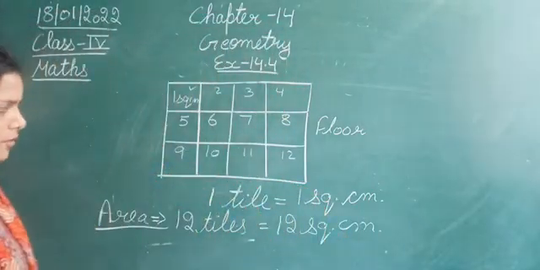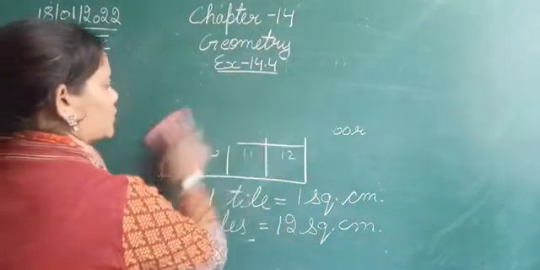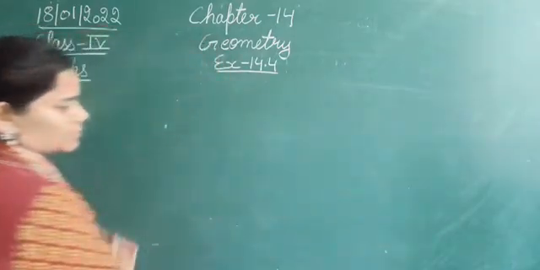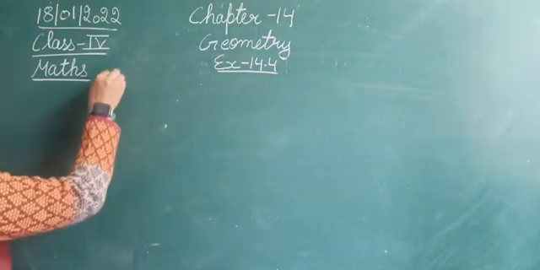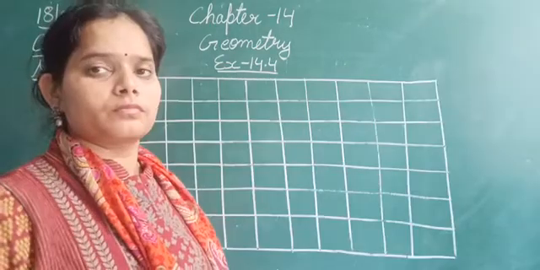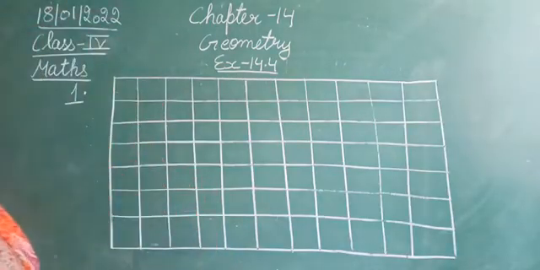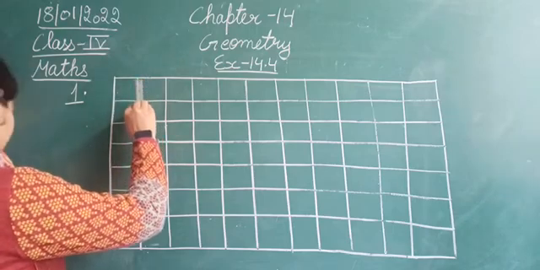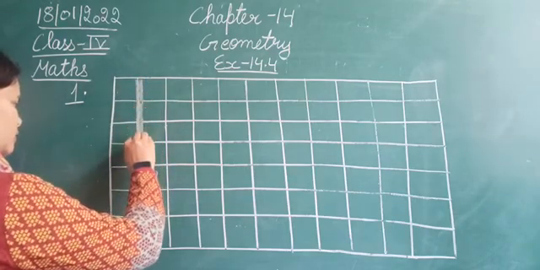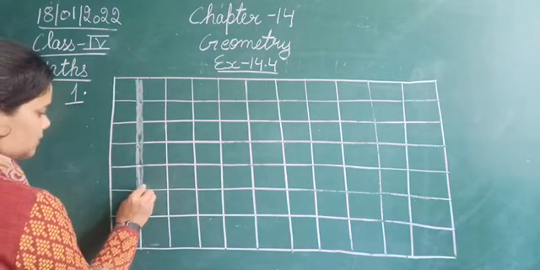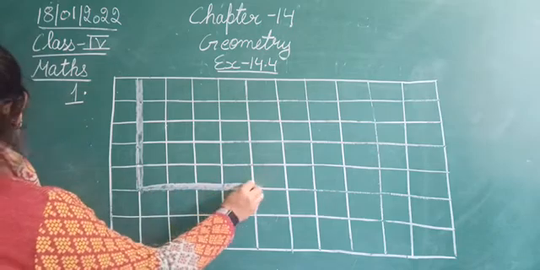First of all, I am going to draw the first figure that is given over here, A1. This kind of square grid has been drawn in the book in exercise 14.4, and certain figures have been made. The figure A1 is like this: 1, 2, 3, 4, 5, 6. From here 1, 2, 3, 4, 5.